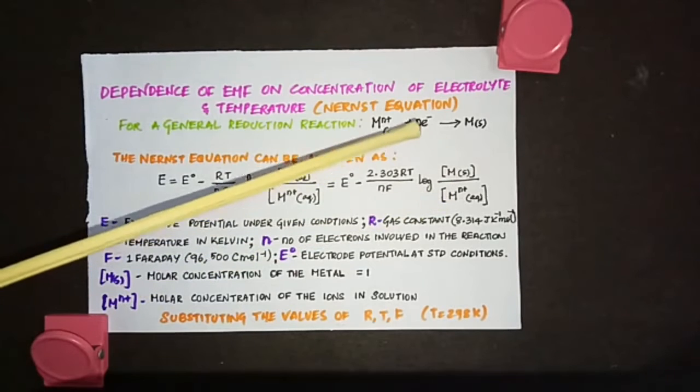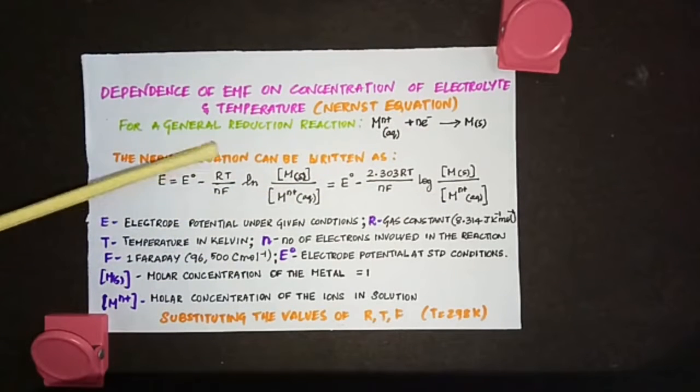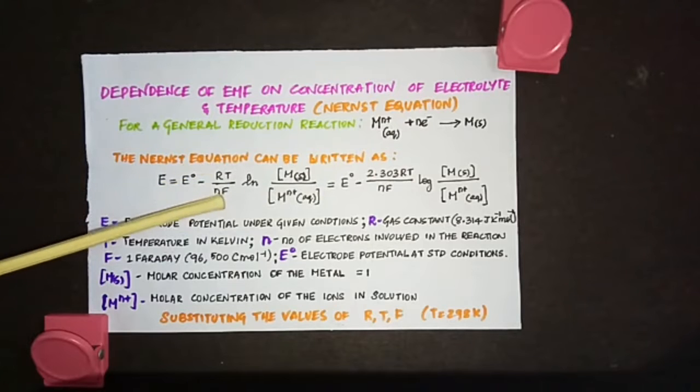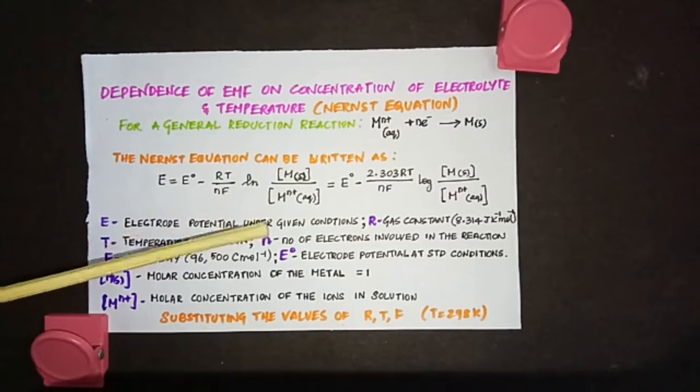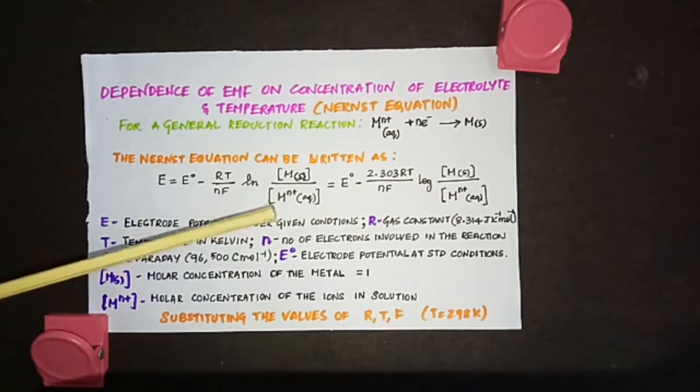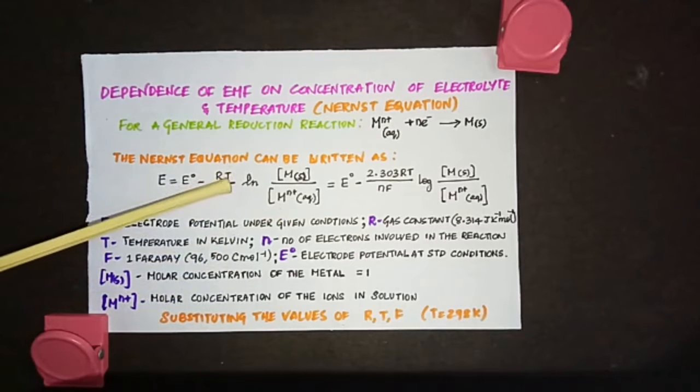Now substitute the values of R, T and F. R is 8.314 J K⁻¹ mol⁻¹. F is also a constant, which is 96,500 coulomb per mole. For T, you are taking the standard condition to be 298 Kelvin.